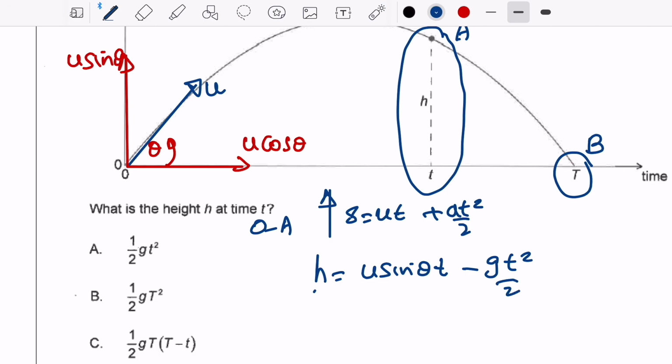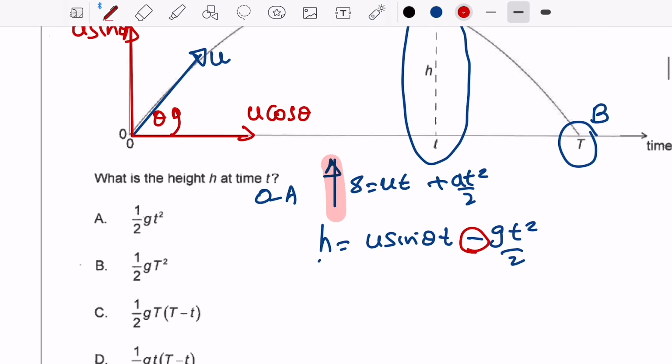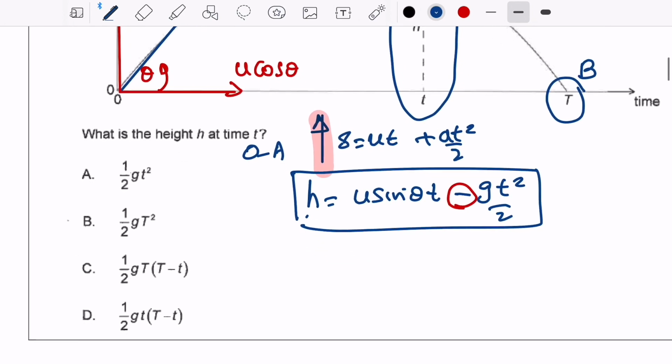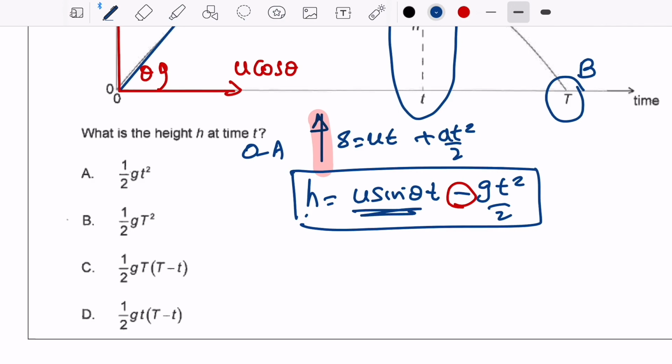Minus, because I wrote the equation upwards, so I have to follow the positive direction. Acceleration is down, that's why I put minus here. This equation is good, but this is not how they want to see it. The problem is, what is this u sine theta? It is not in the answer.